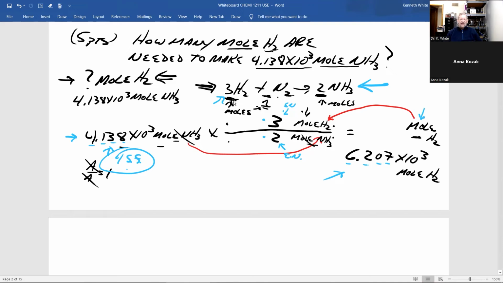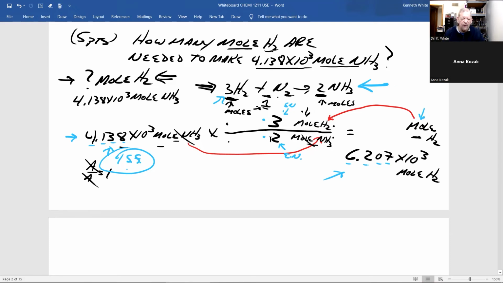And where do we get the numbers? From the balanced chemical equation. The coefficient, the number in front, tells you how many moles. And this tells me for this balanced equation, 3 moles of hydrogen react with 1 mole of nitrogen to make 2 moles of ammonia, NH3.